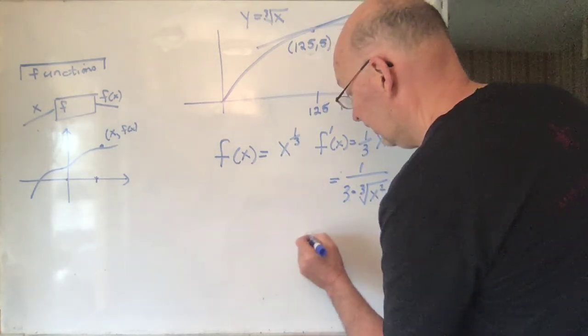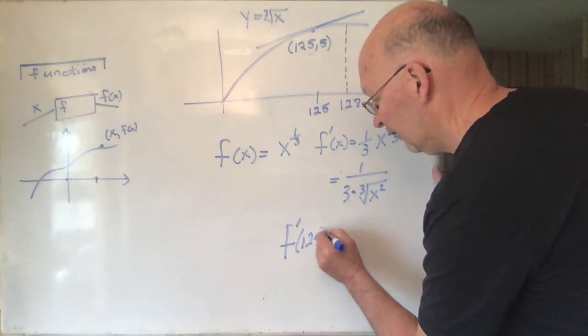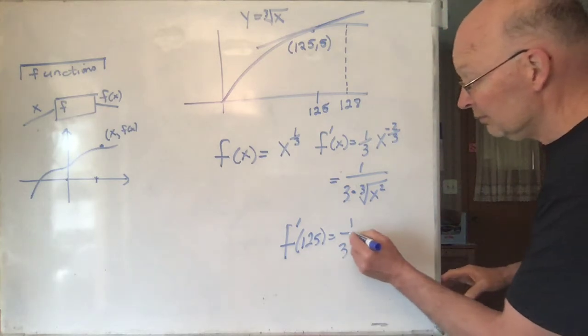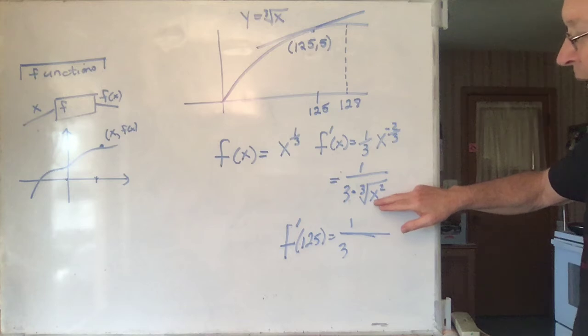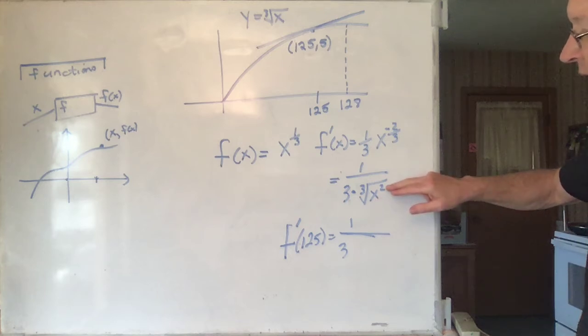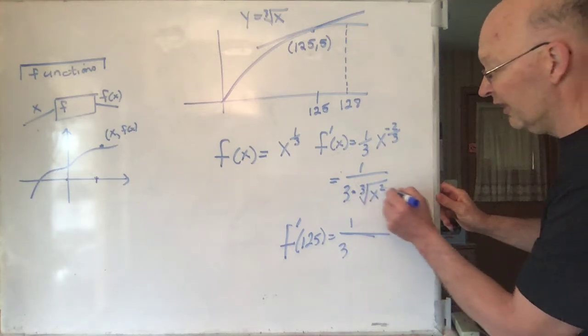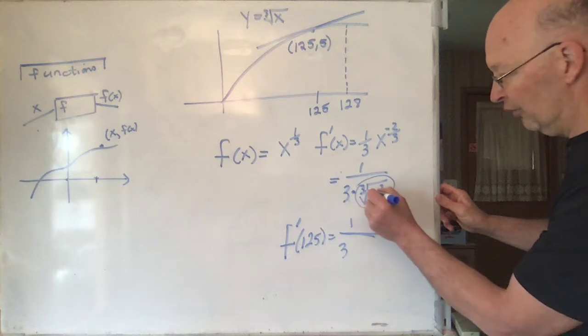That's where we want the slope. So the derivative at 125 is 1 over 3 times. Now, I can either take my 125 and square it and then take the cube root of that, or it's just as convenient, or actually it's more convenient, but just as correct to do this thing first.